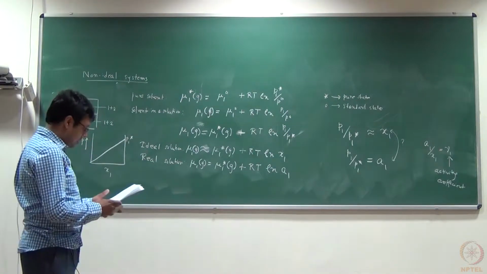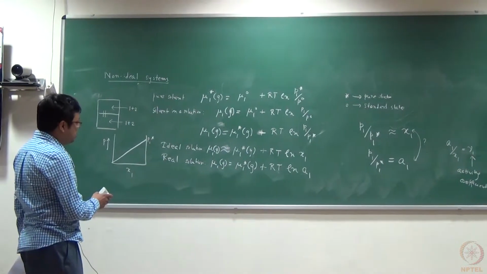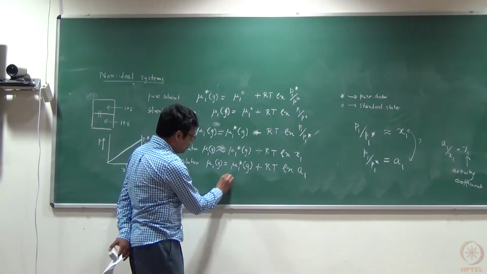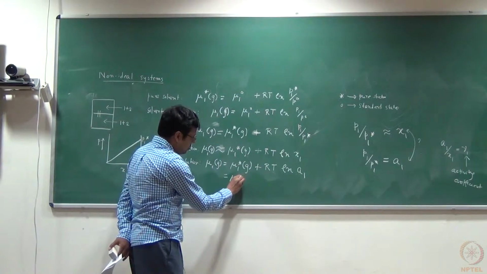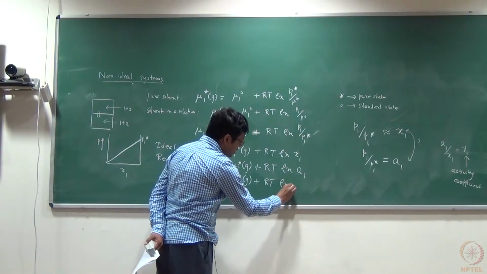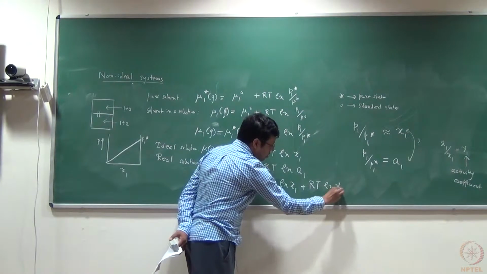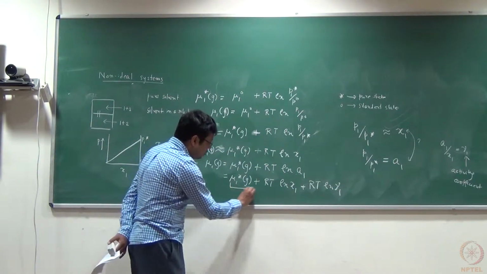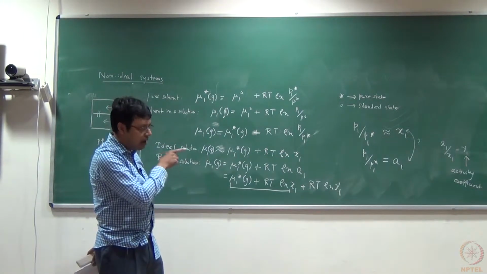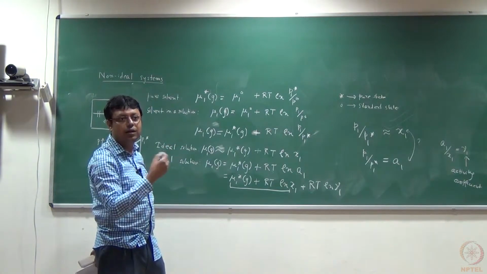Right? Alright. So if I now write the entire thing, meaning instead of a1, I write it as x1 into gamma 1, the equation becomes something like this: RT ln x1 plus RT ln gamma 1, right? So this is your ideal behavior, and that extra part is a correction for the real system.